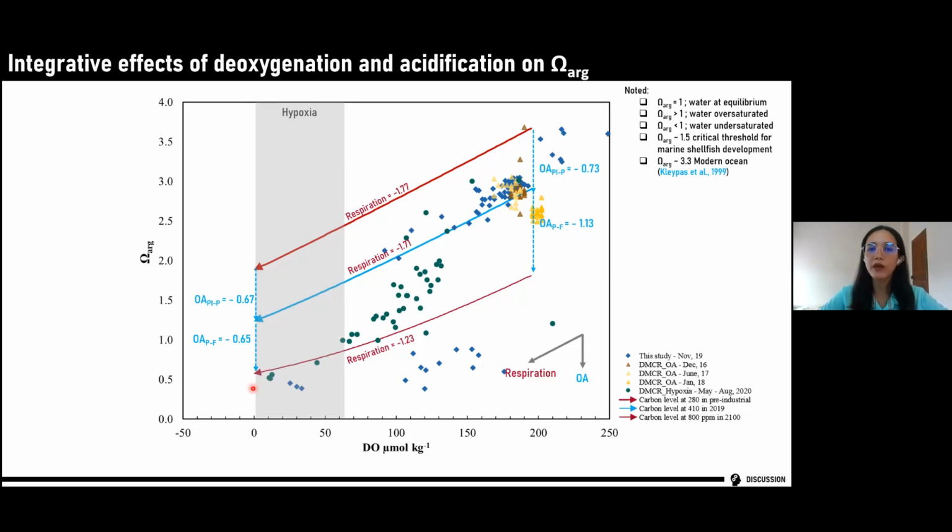This study shows the projected result of the greatest decline in aragonite saturation state due to organic matter respiration and ocean acidification. Here, the aragonite started dropping from the pre-industrial to the future scenario.